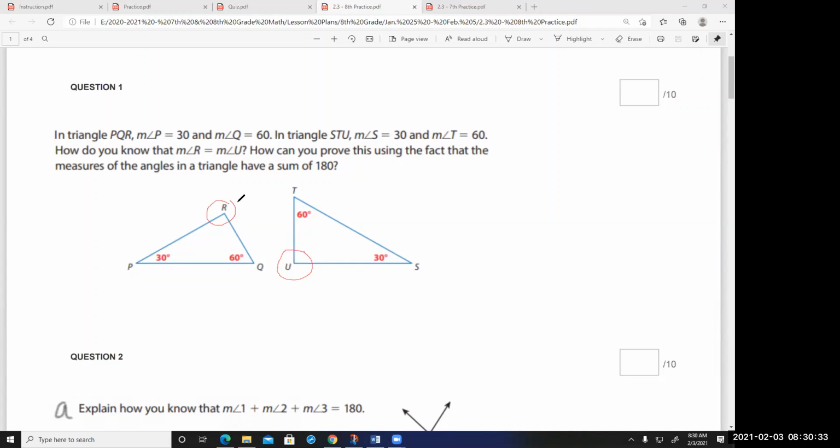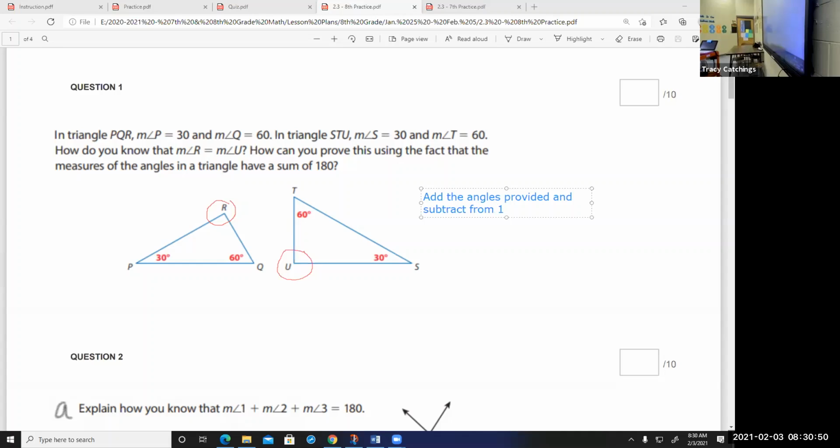By adding up the angles and then seeing what else we need to get 180. What else? What do you recognize?